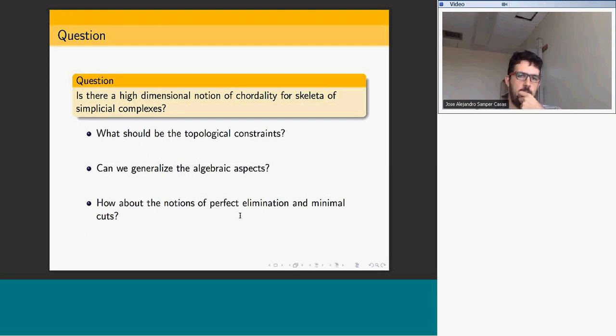So try to understand, can we produce analogs of these for K of a simplicial complex, or for K minus, or for cases of simplicial complexes? Logically, can we do it combinatorially?